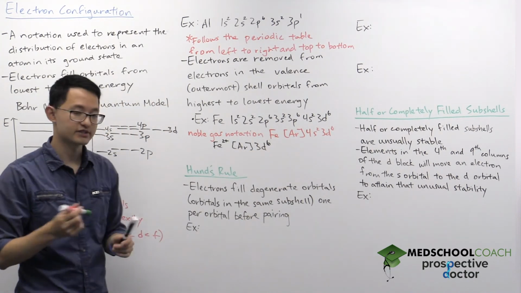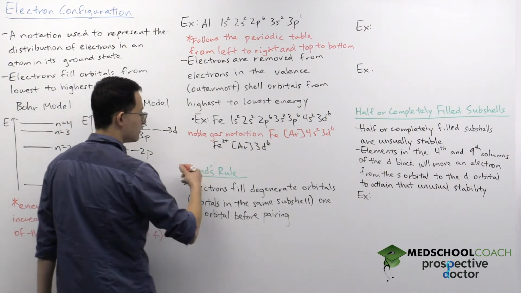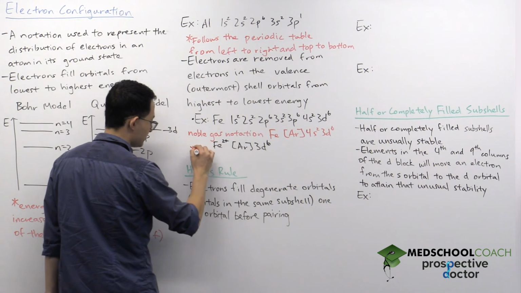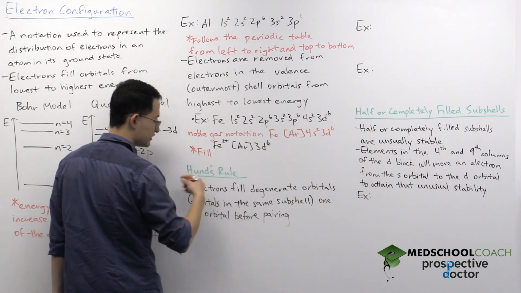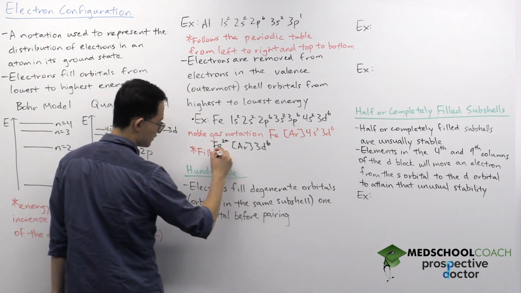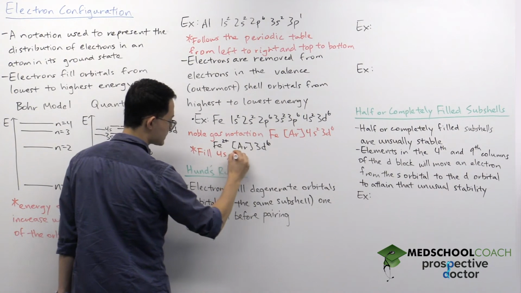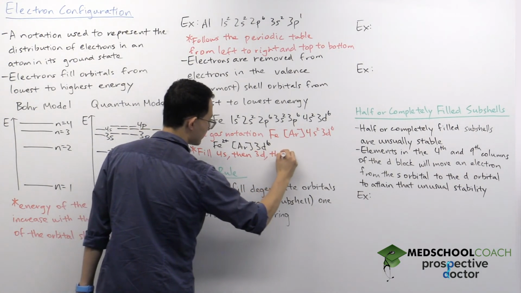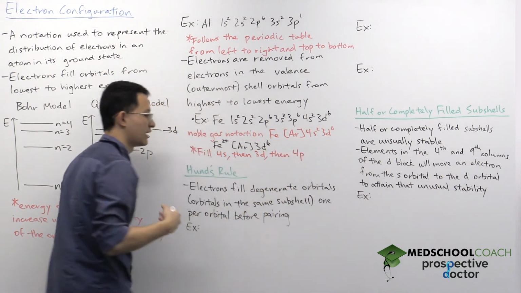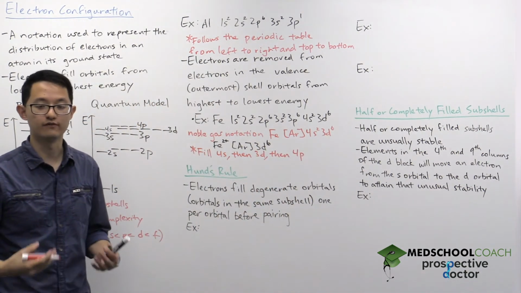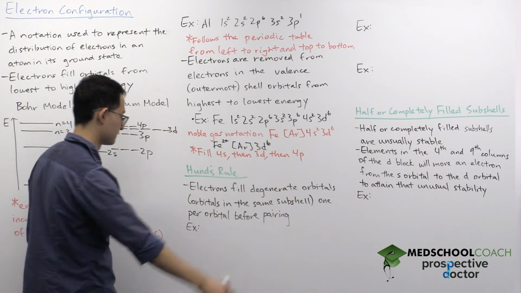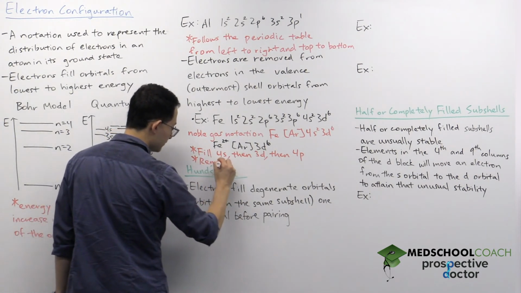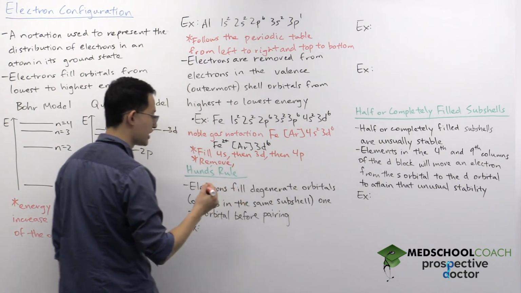And we can actually summarize this, that in general, when you're looking at rows such as the 4th row of the periodic table, the order that you fill is just based on the periodic table. So you first have the 4s, and then you have the 3d, and then you have the 4p. So that's the order you would fill the electrons in the orbitals. However, when we're removing electrons, we have to remove electrons from the valence shell.